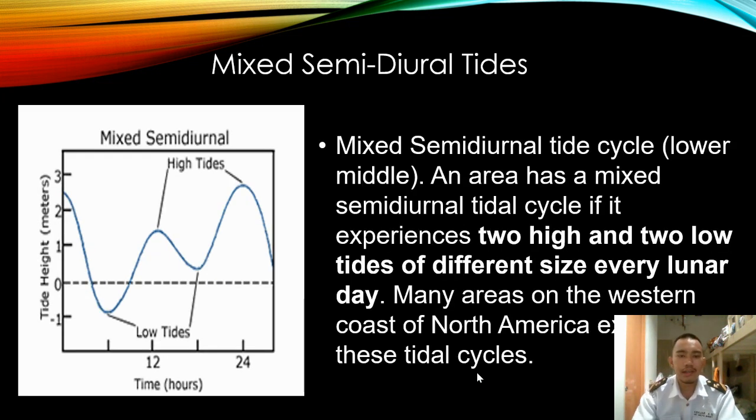The third example of tides is the mixed semi-diurnal tides. An area has a mixed semi-diurnal tidal cycle if it experiences two high and two low tides of different size every lunar day. Many areas on the western coast of North America experience these tidal cycles.